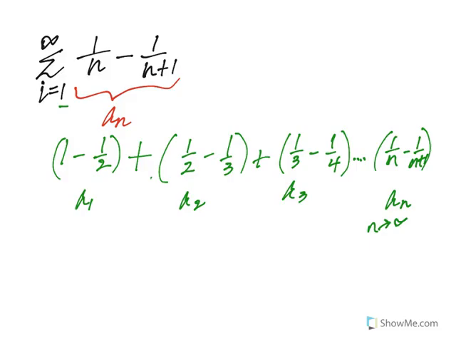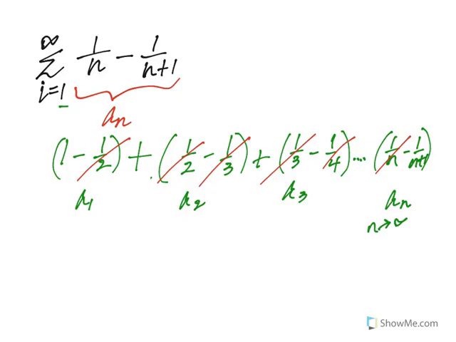I think you can see as I write out these terms that if I were to start adding them together, I'm going to start getting some cancellations. For instance, this negative 1/2 cancels with the positive 1/2, the negative 1/3 cancels with the 1/3, and so forth, all the way out until the end of this sequence, even though it doesn't theoretically end, to the very end, negative 1 over n plus 1.